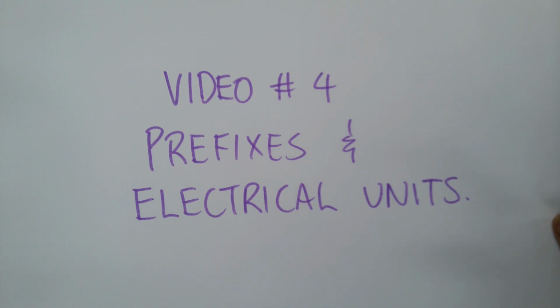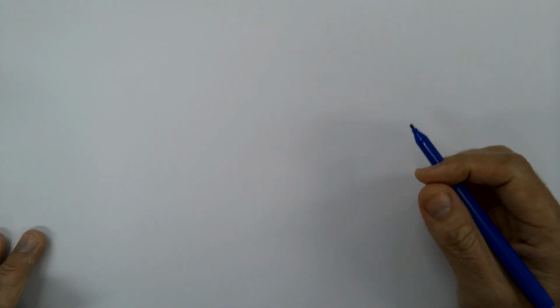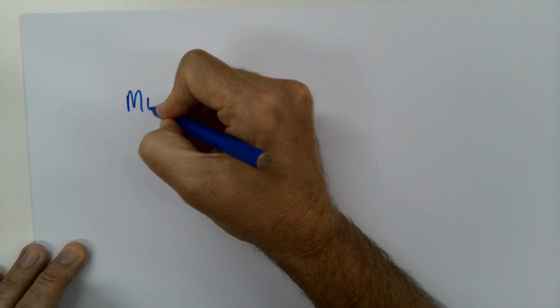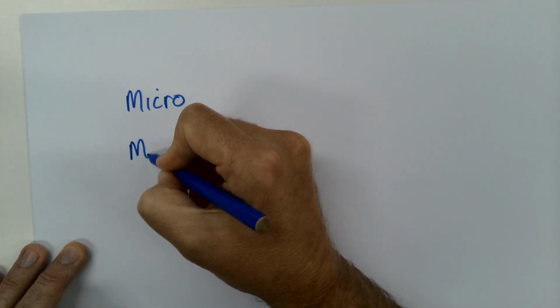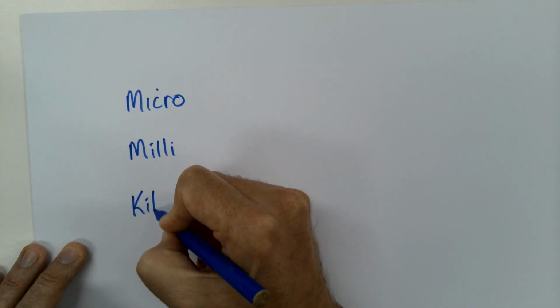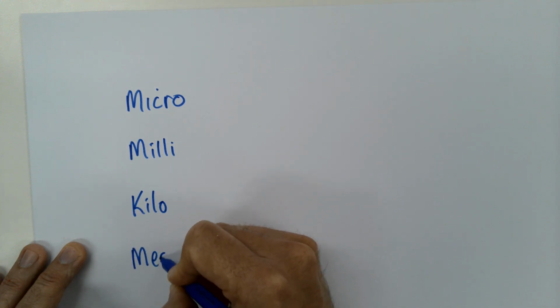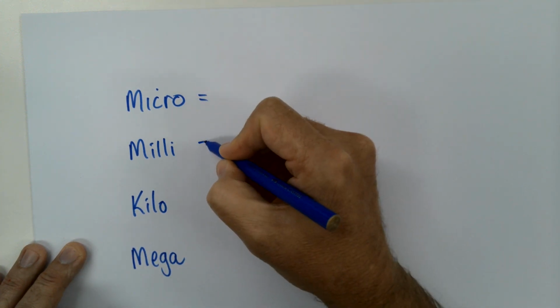Okay, so on the page in your booklet that is linked to video 4, it says prefixes and electrical units. At the top is a table, and basically we need to figure out what these 4 things are. We've got micro, milli, kilo, and mega.